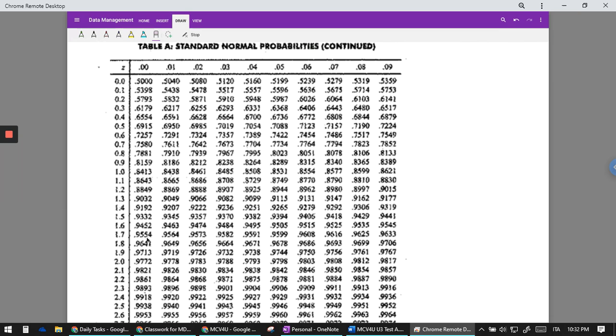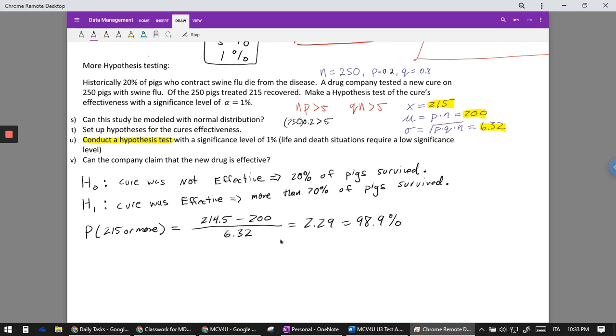Okay. And so there we go. 2.29 is over here. It's 98.9%. Okay. So I ended up with a 98.9%. Oh, but wait, we are doing or more.